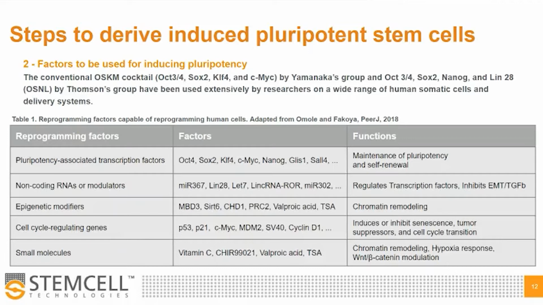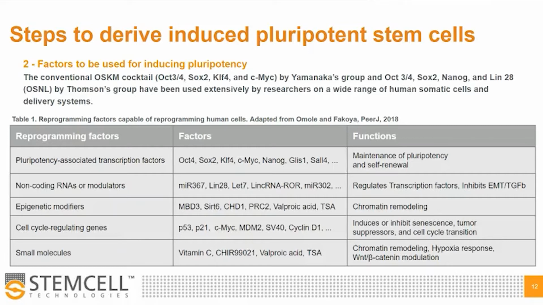Non-coding RNAs and their modulators like LET7 are involved in the regulation of expression of core transcriptional factors. LET7 acts as a barrier by blocking the activation of pluripotency factors c-Myc, Lin28, and Sox4.